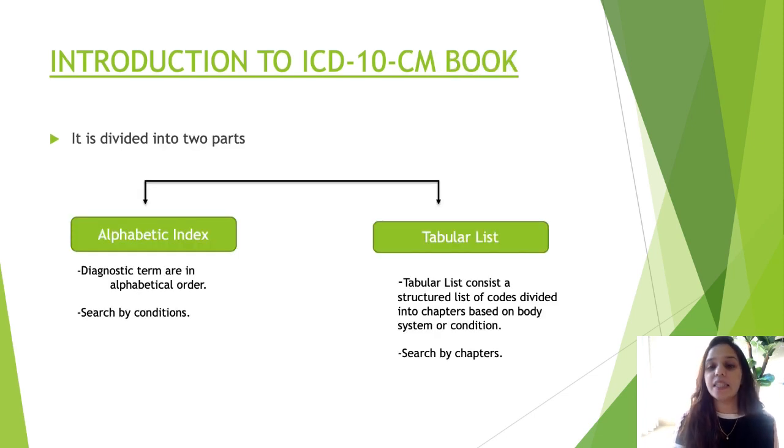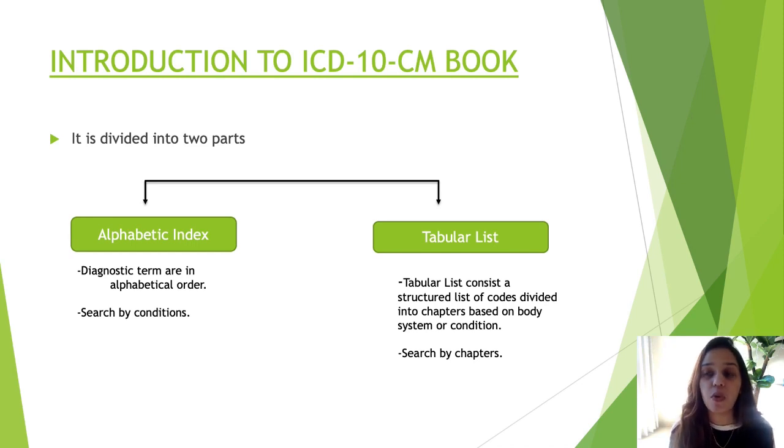Your ICD-10-CM book is divided into two parts. The first part is your alphabetical index and the second part is your tabular list. In the alphabetical index, the diagnostic terms are arranged in alphabetical order, just like a dictionary, A to Z. All the conditions, diseases and diagnostic terms are mentioned in alphabetical order.